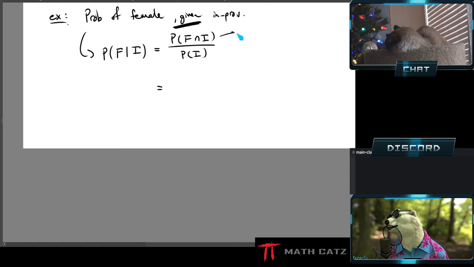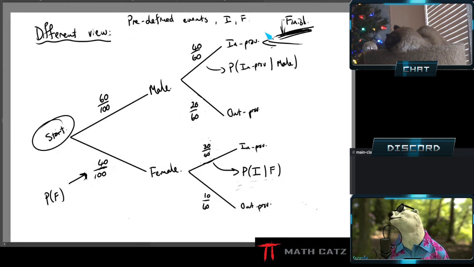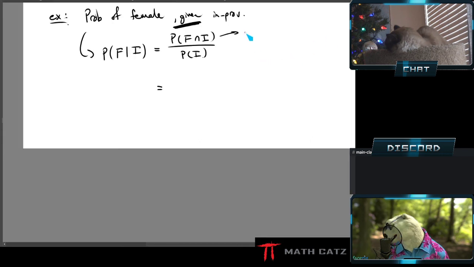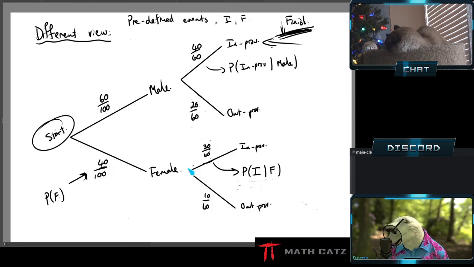Now I'm going to say, ooh, this guy, female and in province. This is path. Female and in province. I have to backtrack on that so I don't get a messy diagram here. This is the probability of path 3, I'll call it, right? Path 3. Start to finish.